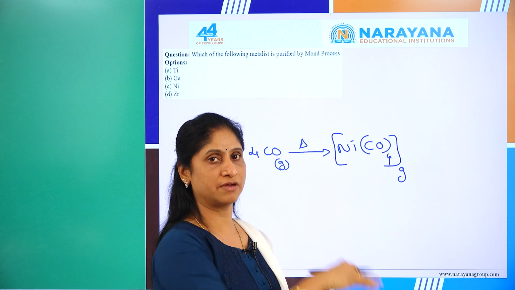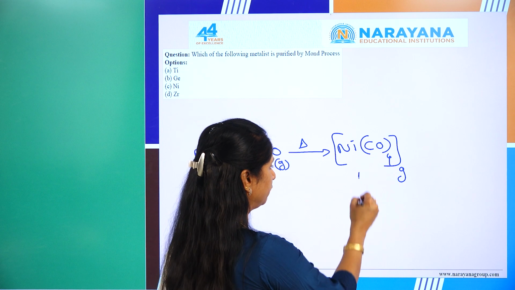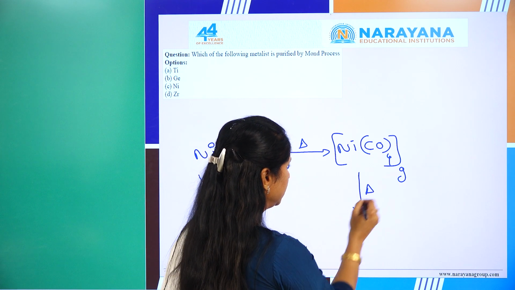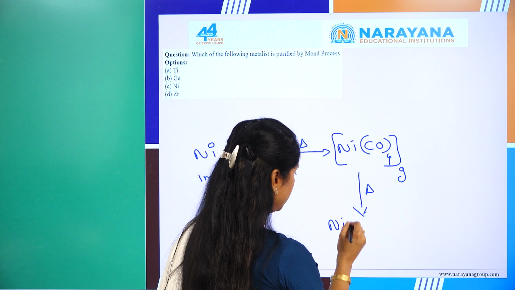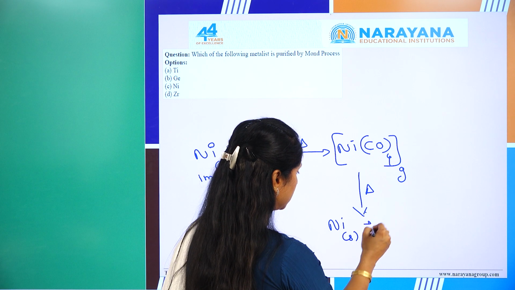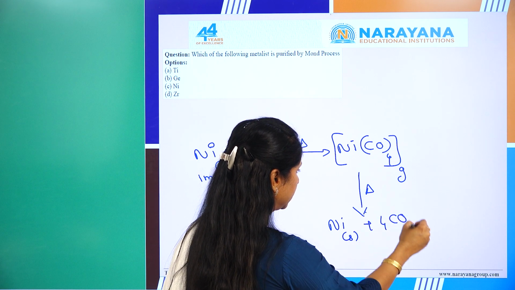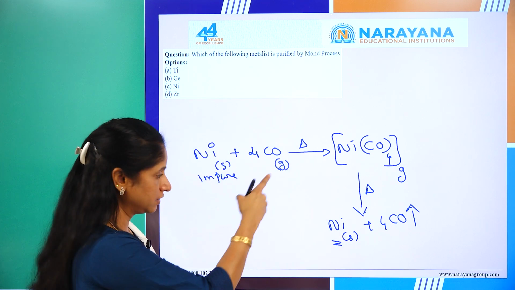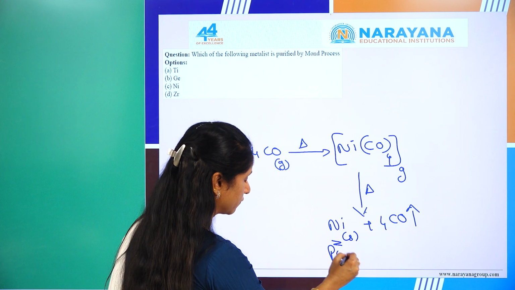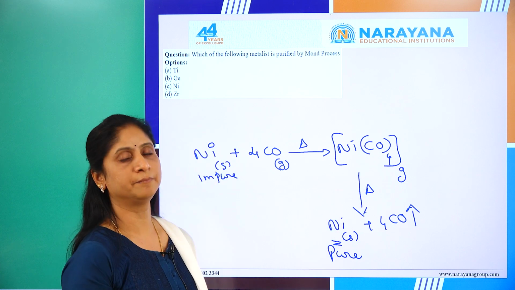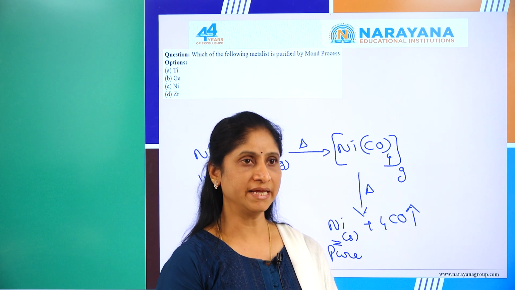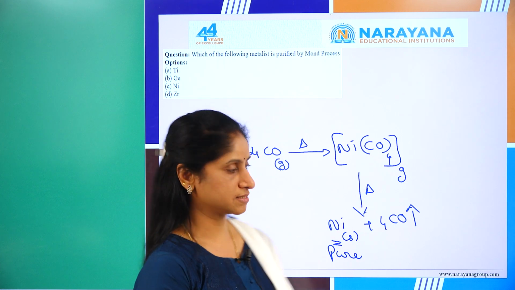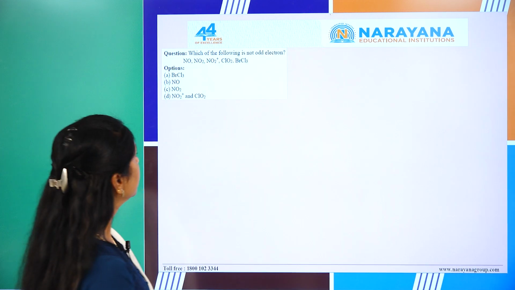That's why we call this vapor phase refining. On further slight heating, it easily decomposes back to nickel again and carbon monoxide escapes out. So what is the difference between the last nickel that we got and what I started with is, now this nickel is pure. This is one of the methods to purify nickel, the Mond process. So let us see the next question.